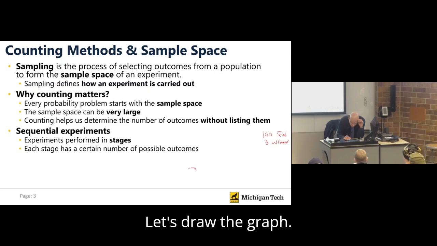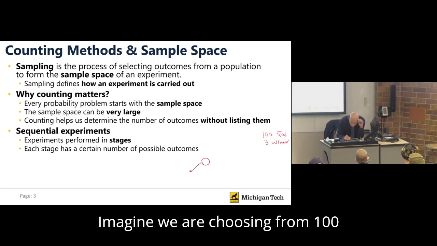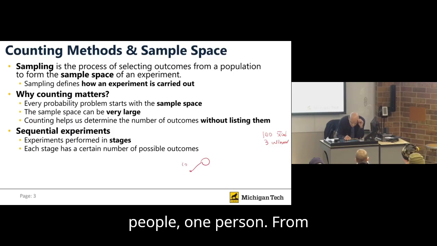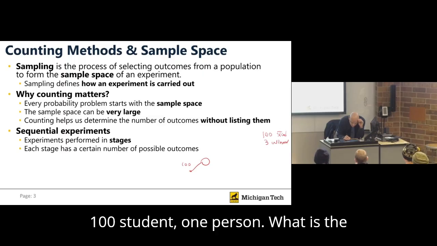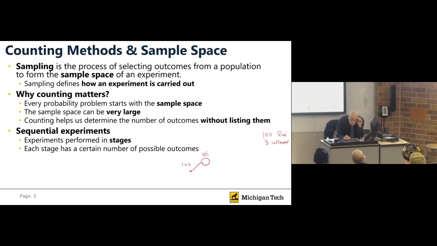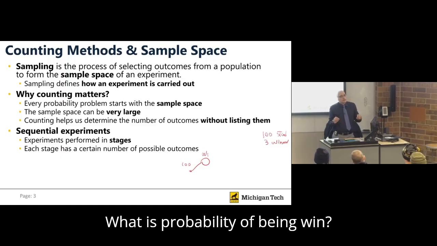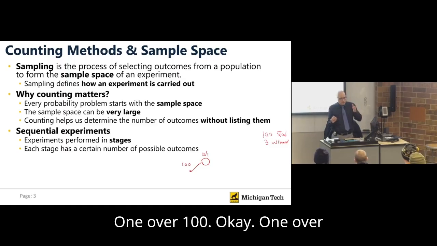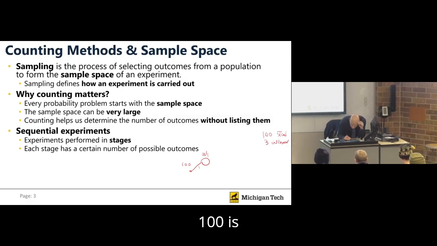Let's draw the graph. Imagine we are choosing 1 person from 100 students. What is the probability of winning? 1 over 100. That is the probability of W1.